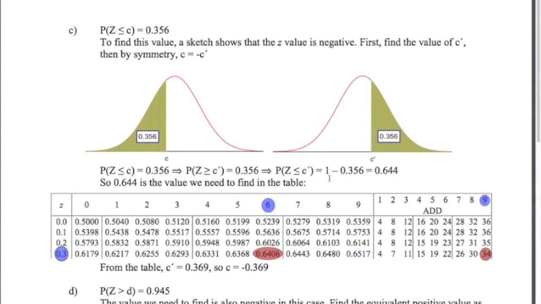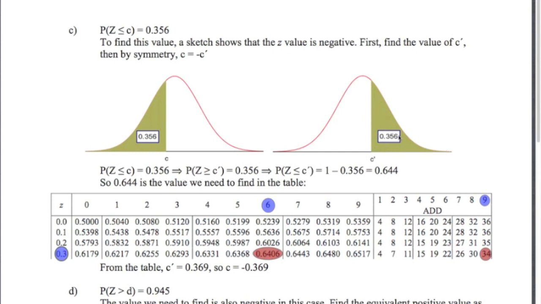Third question, this one we want the probability of z being less than or equal to c being 0.356. Now c is on the left of 0. Because this probability is less than 0.5, I know that this c value straight away is going to be negative. Remember, the tables don't have negative values, so what we have to do is convert this problem to one where the z values are positive. So I've called this little value here c dash, and I'm going to find this value so that that value and above is 0.356 in the table.